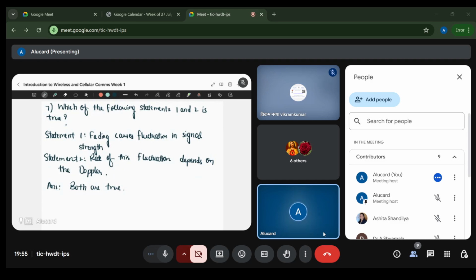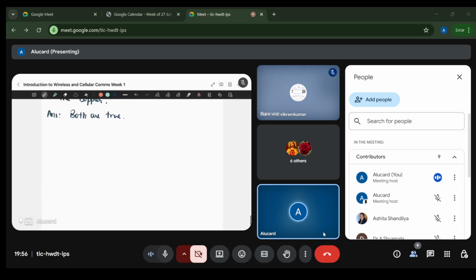So this can cause fluctuations in the signal, which will affect the rate of the fluctuation. That's just a conceptual question.